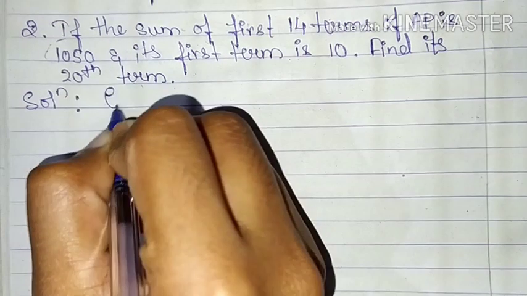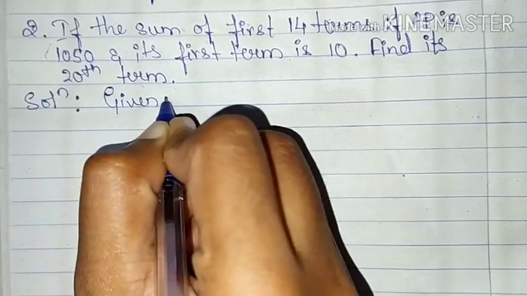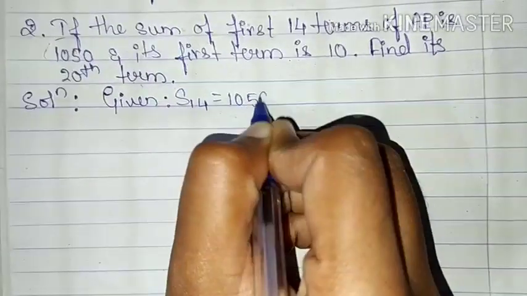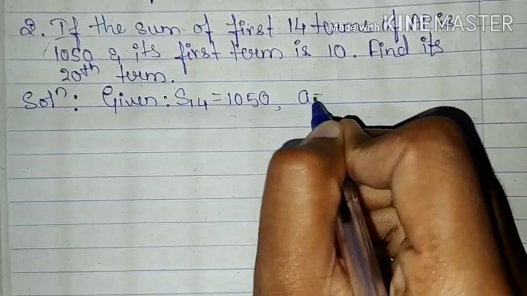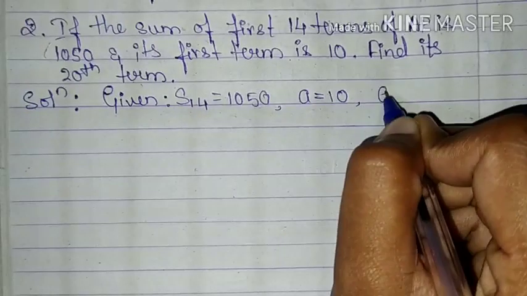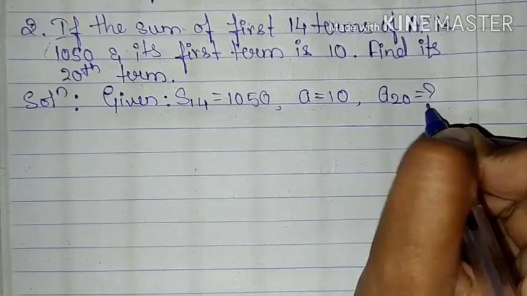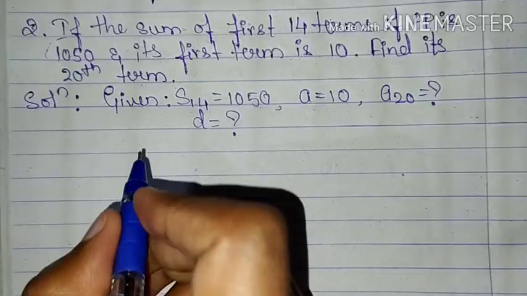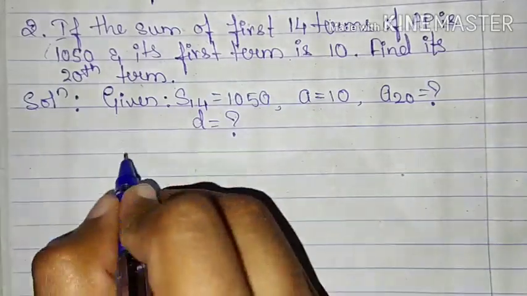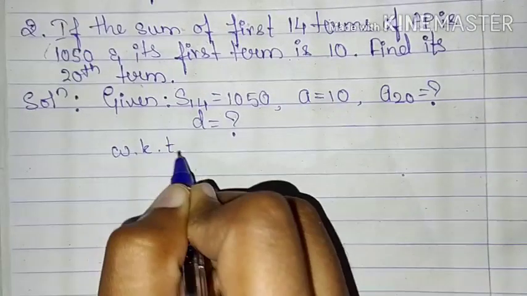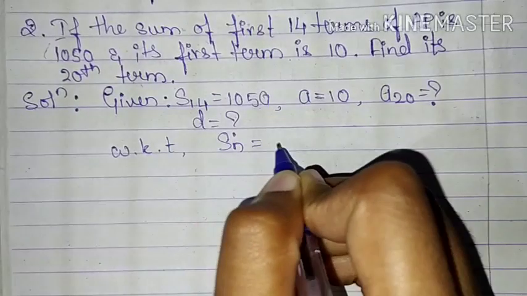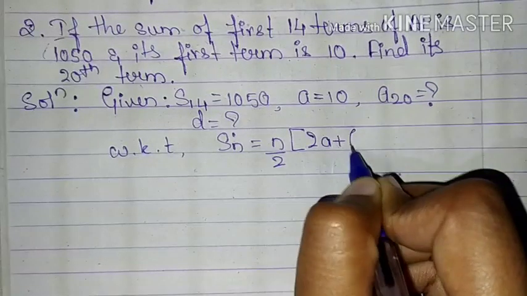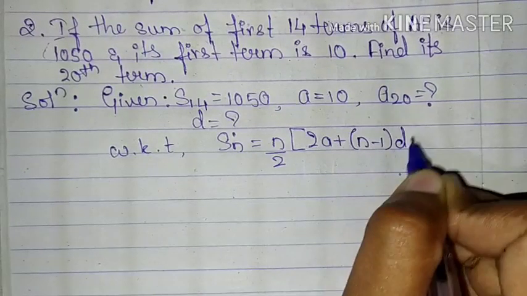So solution, given S14 is equal to 1050, a is equal to 10, a20 is equal to what? And d is equal to how much? So first let's determine d. We know that Sn is equal to n by 2 into 2a plus n minus 1 into d.